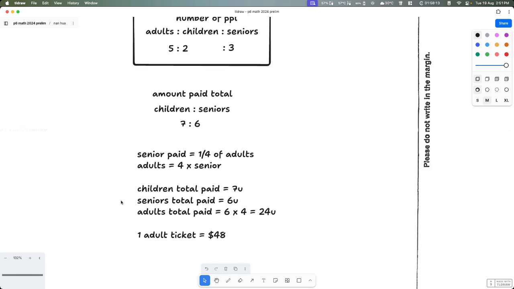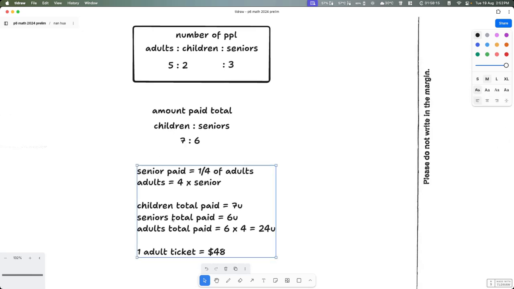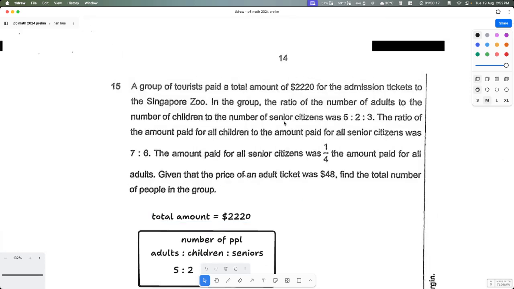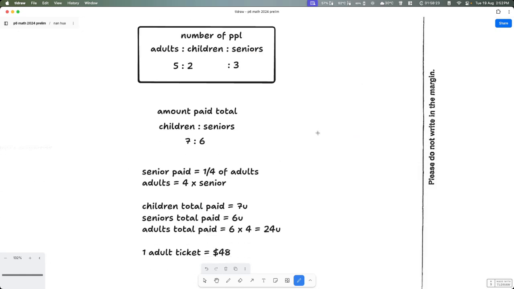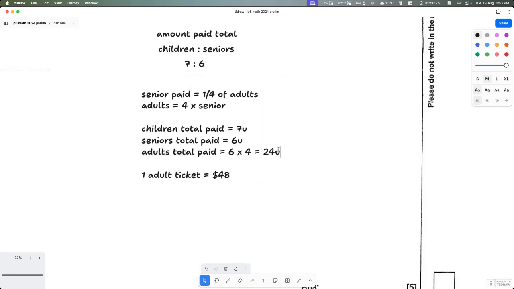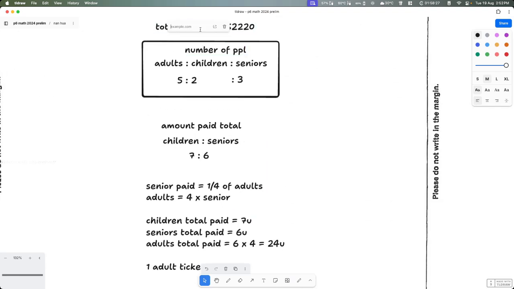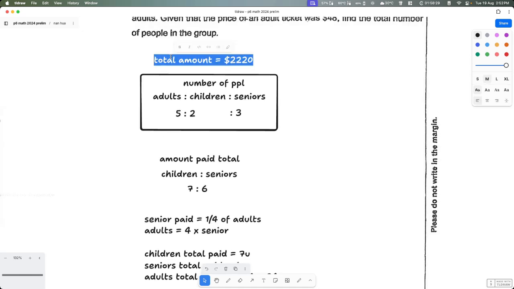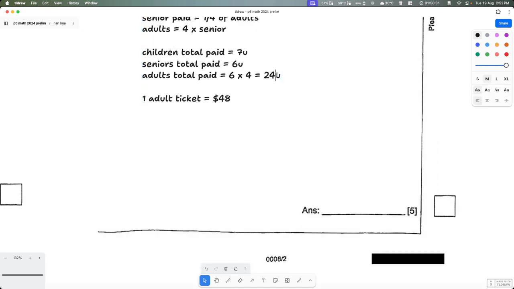All right. So we know this is the ratio of the amount of money being paid. Okay, that means we know the total amount is 2,220. So let's get the total units.